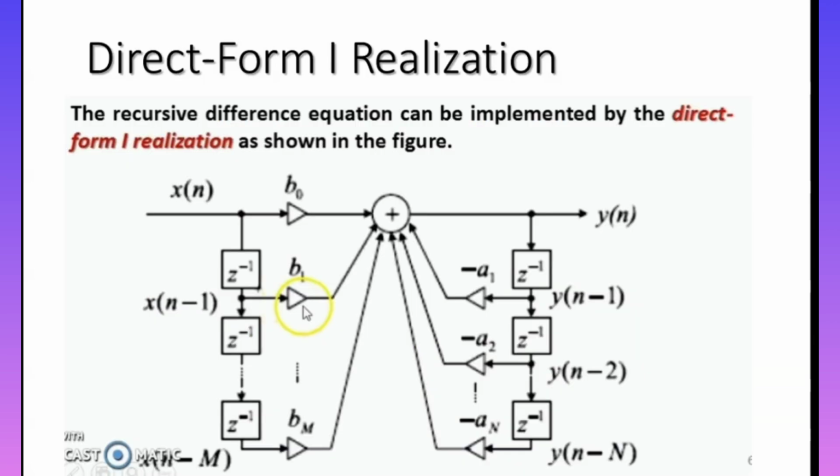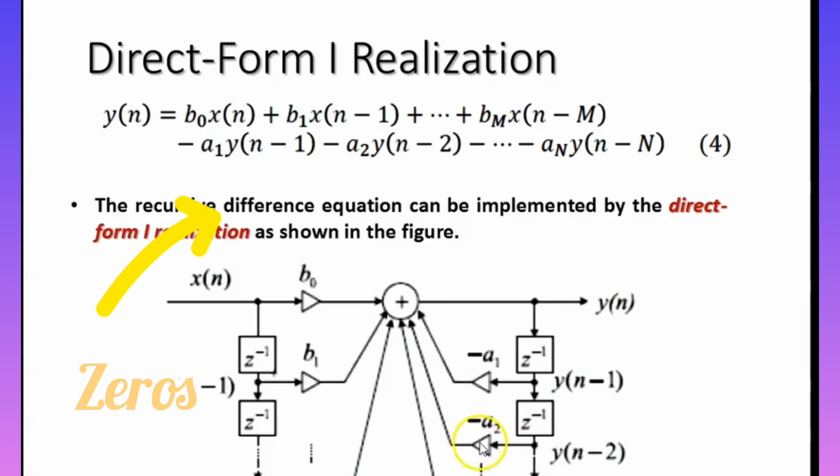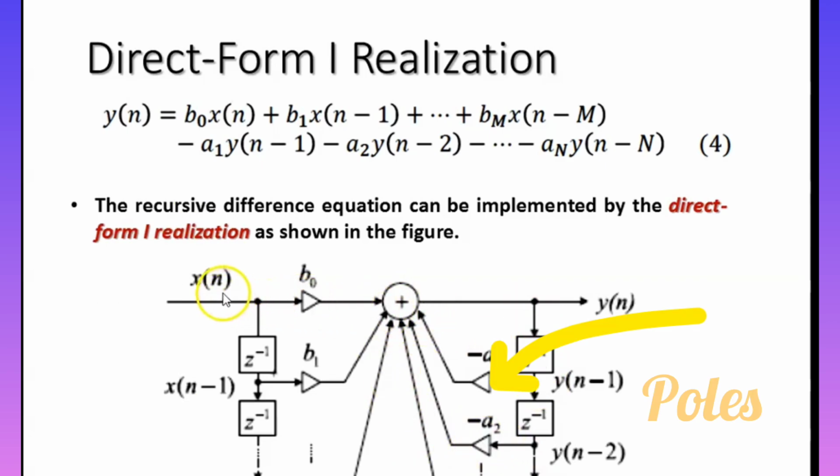This is the structure of direct form 1. If you see the poles, you have minus a1, minus a2 and minus an. You have to change the sign. If you write it in the Y(z) and X(z) form, you will get a1, a2 and an.